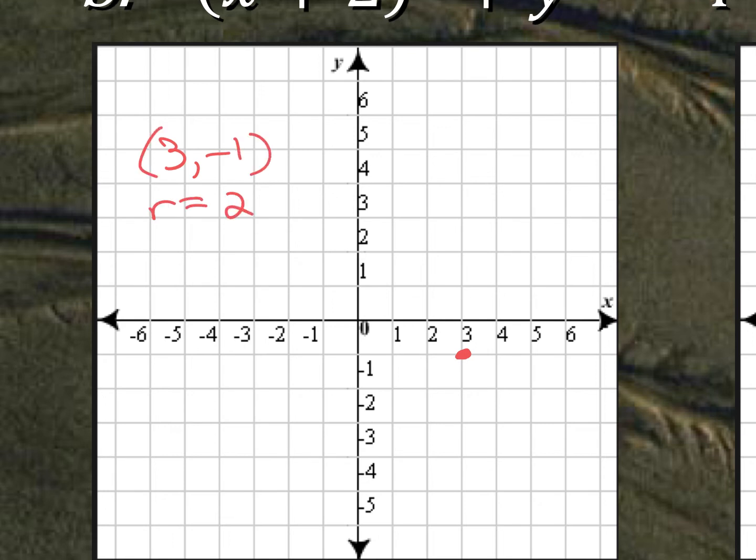So I'm going to count 2 squares to the right, 2 squares up above, 2 squares to the left, and 2 squares below that center point. Then I'm just going to connect all of my purple points. You guys have Notability. It'll make a nice pretty circle. I am not Notability, so I'm going to do my best to make my circle shape. And there is the graph of the circle.